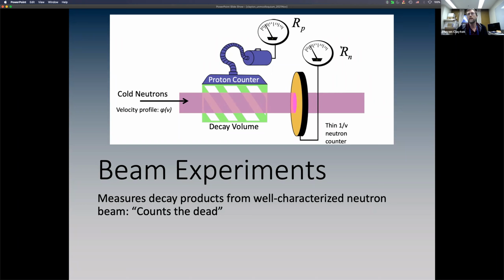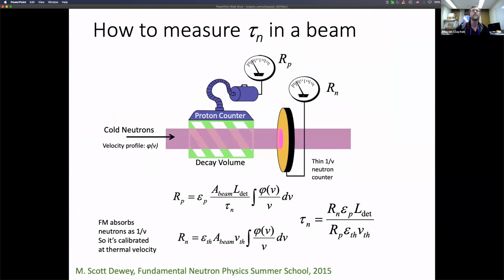So you count the precise rate of the neutrons, you count the rate of the protons, and then that ratio gives you something that's the neutron lifetime, or the decay rate. And the principal difference between the beam and bottle is that the beam experiment measures the decay products from the well-characterized neutron beam. It sort of counts the dead. It counts the ones that decay by their products.